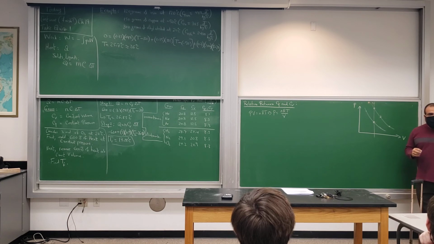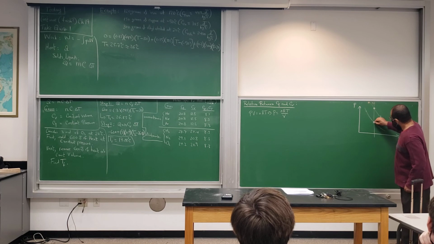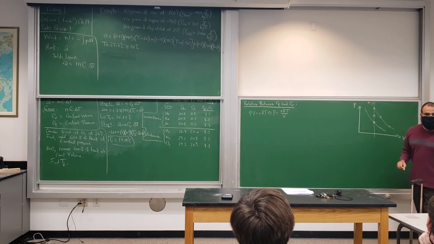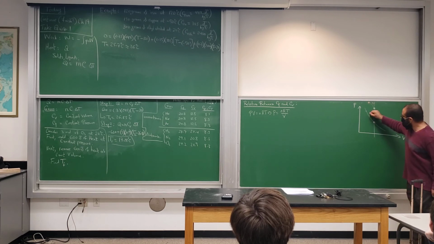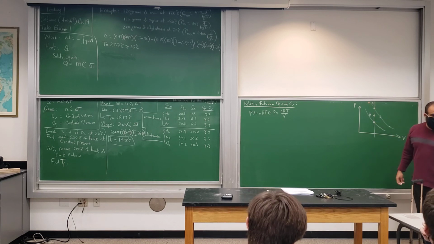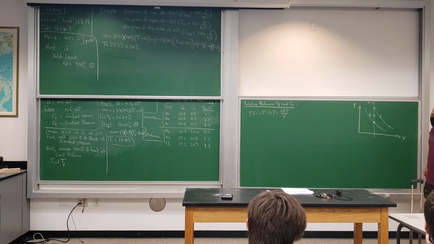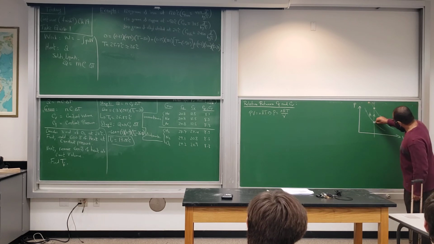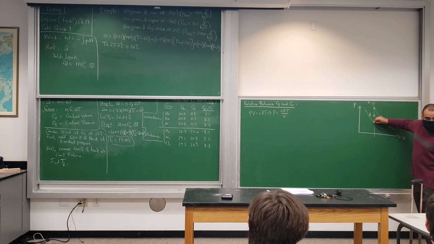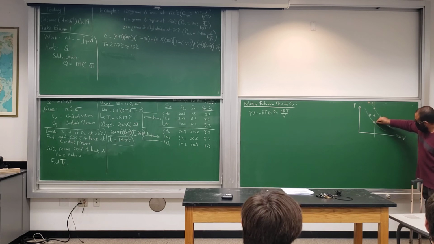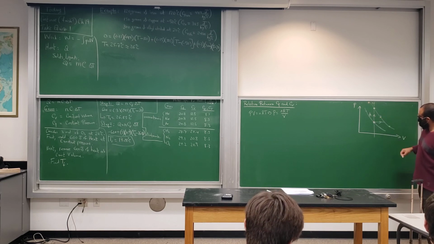So let's say we take process A. Let's say we start here, and process A is going to take us from here to here, like that. It's going to take us from this temperature to this temperature at constant volume. Process A is isochoric, right? And let's take another process called process B that will take us from this temperature to this temperature.